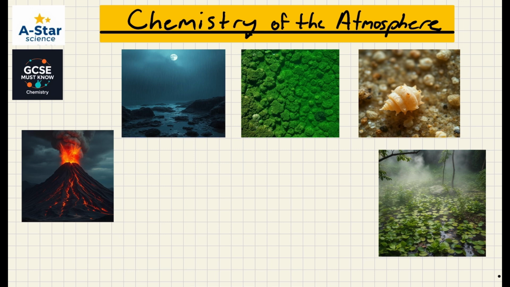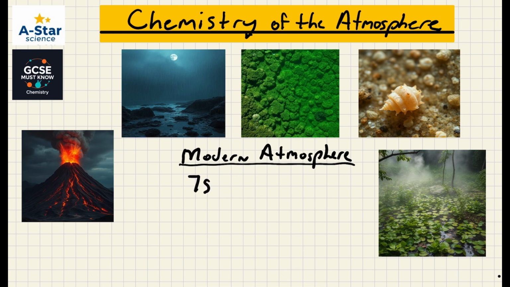Let's first start looking at our modern day atmosphere and seeing what the components are. In the modern day atmosphere, meaning the atmosphere that we have around us today, no matter where you go in the earth, the composition of gases tends to be the same.